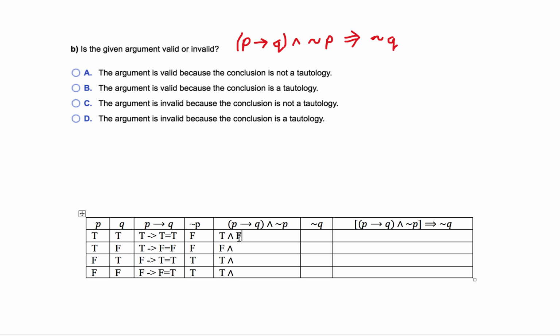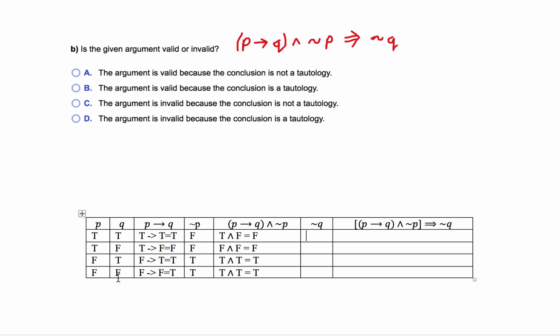So that is F, F, true, true. All right, now we'll go to our and table and we will write the answers down for these four. So the first one is false. The second one is false. The third one and the fourth one are both true.